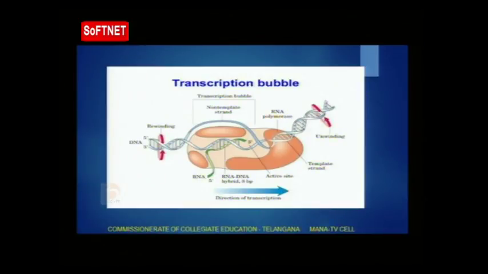Each region has its own specific function. The region between 1 and 2 helps to loosen the non-specific interactions between the RNA polymerase and the DNA molecule.